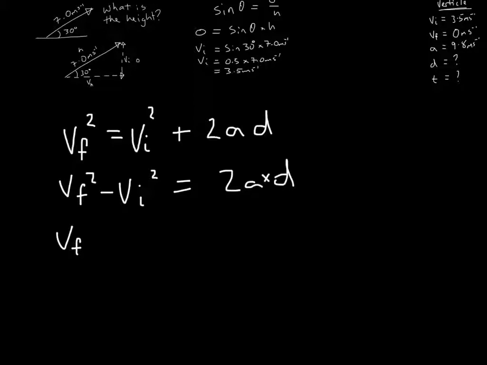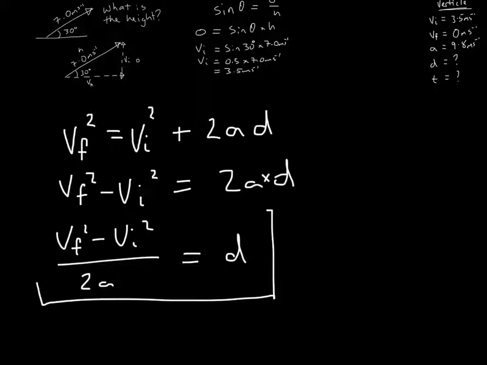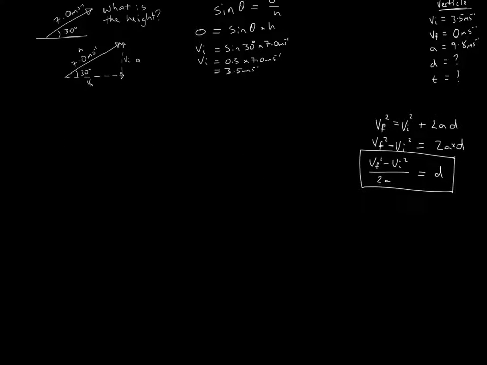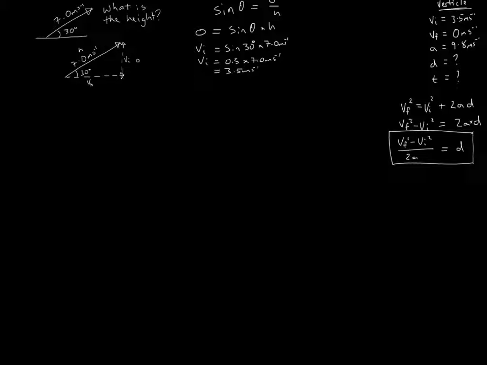So I get VF squared minus VI squared over 2A equals D. So there we go, we've got the equation in a form where we can use it. Fantastic. So again, let's just shrink that down, put that up there. So let's put our values in.